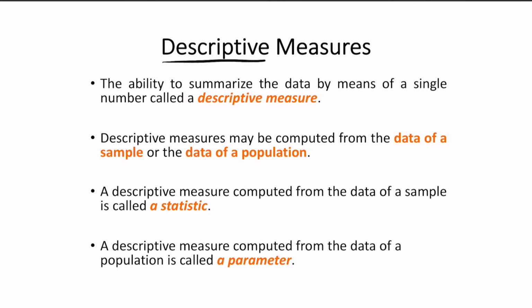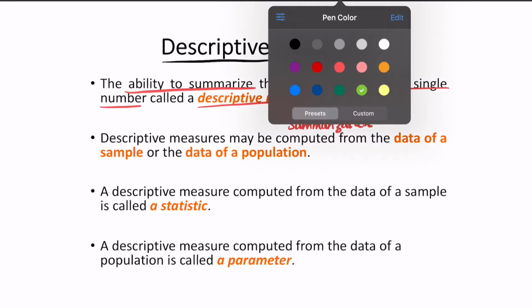So what are descriptive measures then? Whenever you say the term descriptive measure, remember that the ability to summarize the data by means of a single number is called a descriptive measure. Think of this as a measure of summarization. We are basically summarizing the data using the principle that we just talked about.